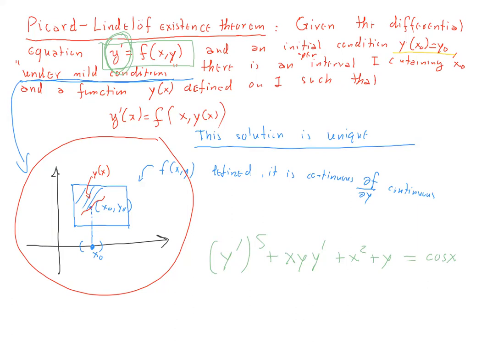So is the theorem that we just gave useless for such an equation because it's not solved for y prime? And the answer is that there is a theory in calculus of several variables that sometimes we mention in passing.